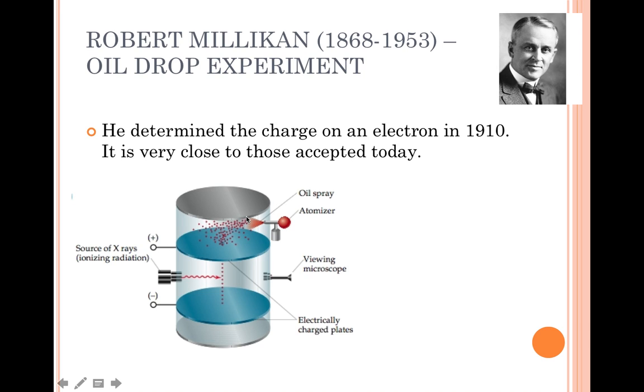And by doing some mathematical calculations, he was able to determine the charge on an electron. So that further quantified that electron was a real thing, and he was able to say each electron had a particular charge. So you want to write down Robert Milliken, charge on the electron, oil drop experiment.